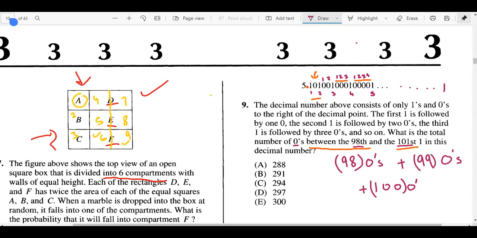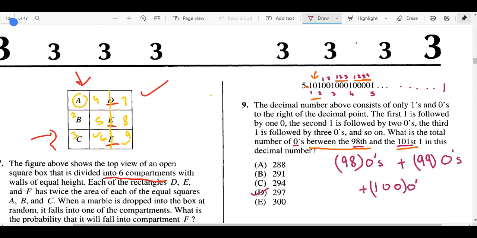So now you have to add all this. If you add 98, 99 and 100, you get 297. So this is the answer. The only thing you needed to understand was the pattern. After the first one, you're getting 1 zero. After the second one, you're getting 2 zeros.